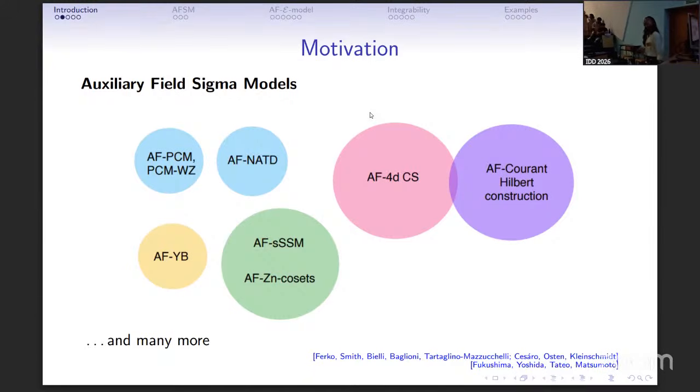And then on the other side, understanding what auxiliary field deformations could be from the 4D Chern-Simons side, and some recent work on the Courant-Hilbert construction as well, and many more ideas if I've failed to put in an extra bubble there. So yeah, it's a growing field.